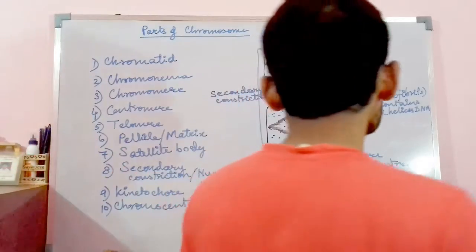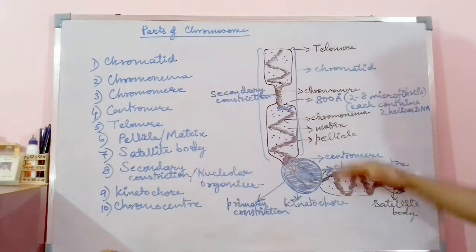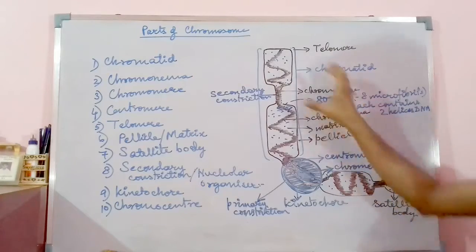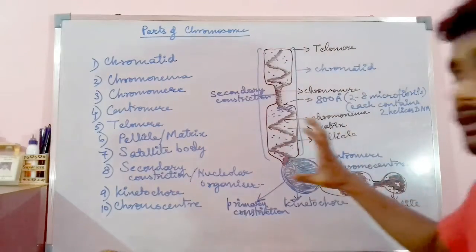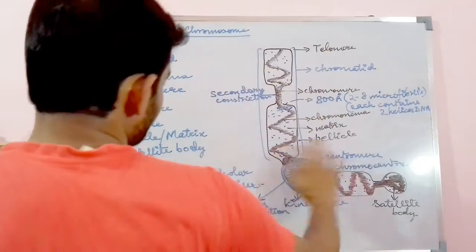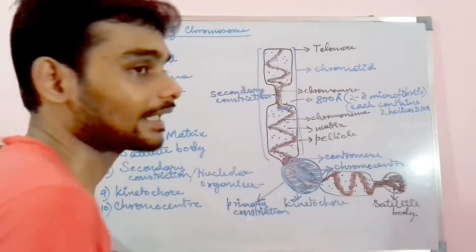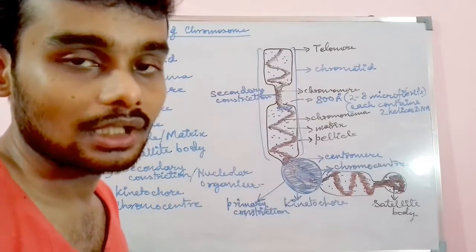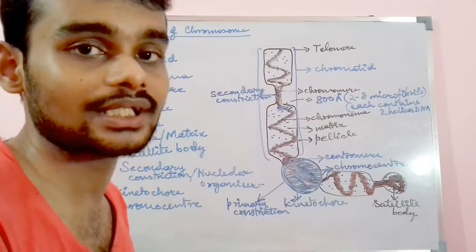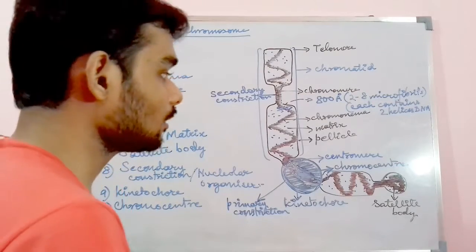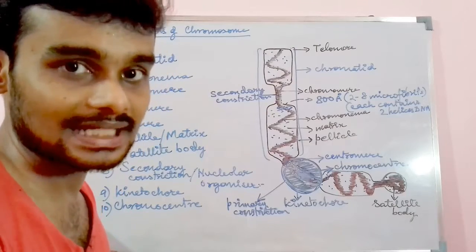Okay, so this is all about the parts of the chromosome, with a rough diagram along with all the labelings, what each part is and what its functions are. The centromere generally helps in attaching the chromosome to the metaphase plate during the metaphase stage of cell division.